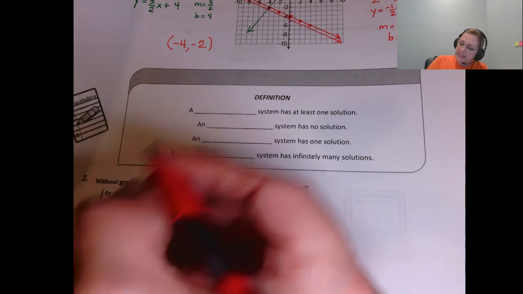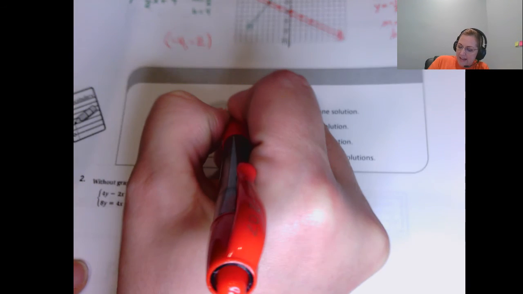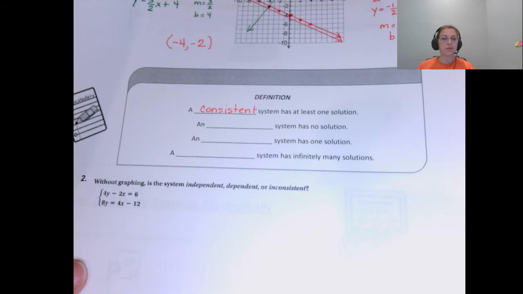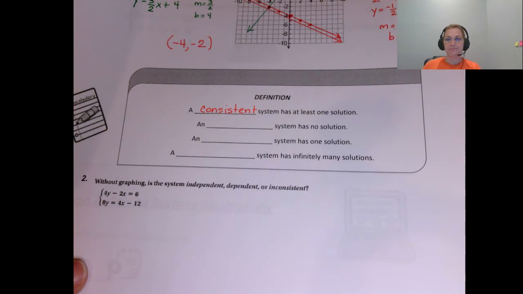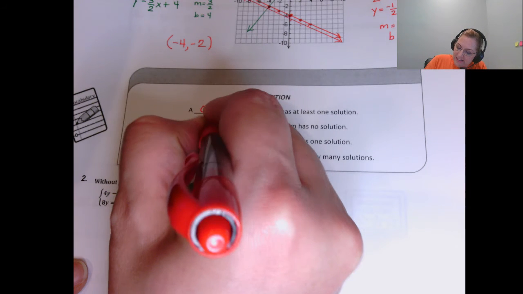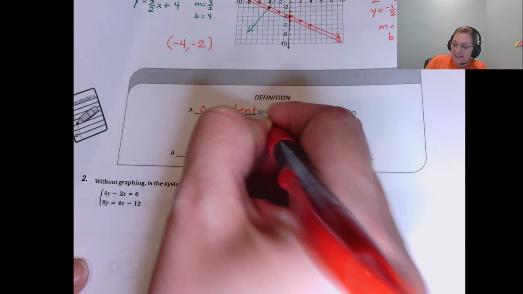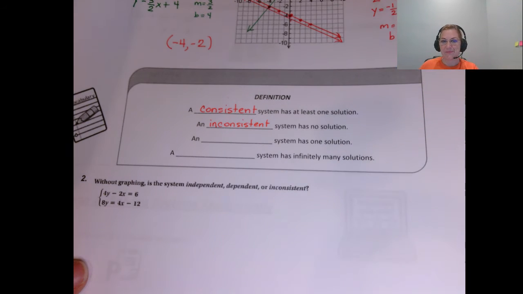So a consistent system has at least one solution. That means obviously that an inconsistent system has no solution.